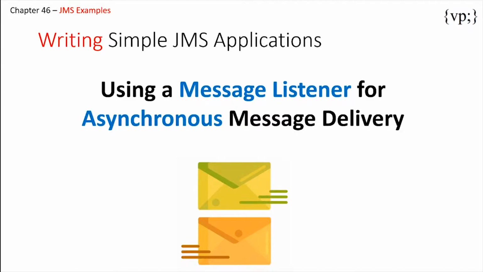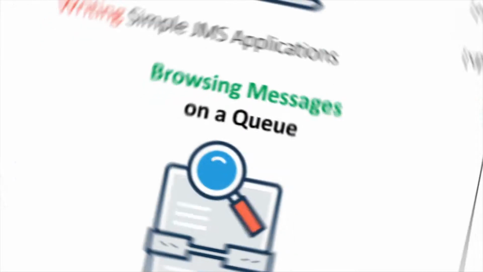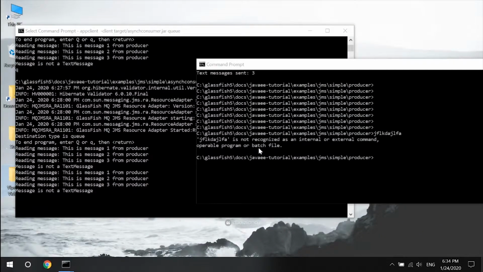So now that we're done with that, let's run our browsing messages on a queue example. Have you ever been in a queue and wanted to look inside what you got before you actually got it? Well, with browsing messages, you can do that now. To run this example, all you need is your 2 terminal windows.